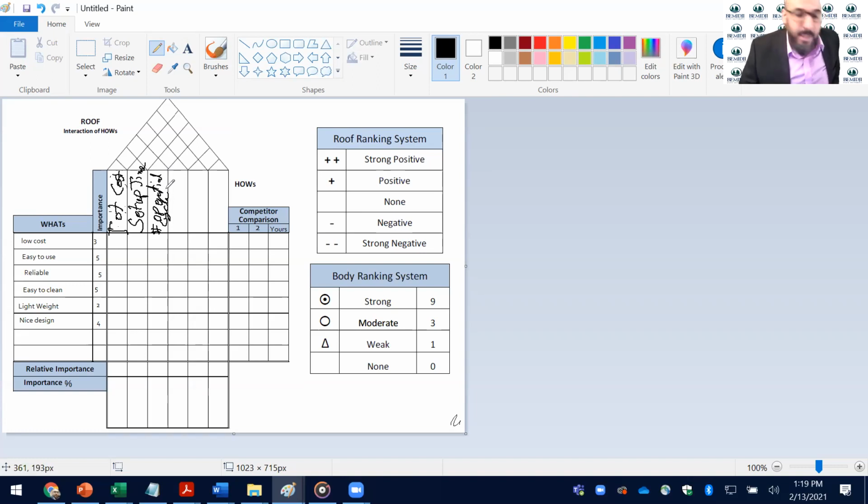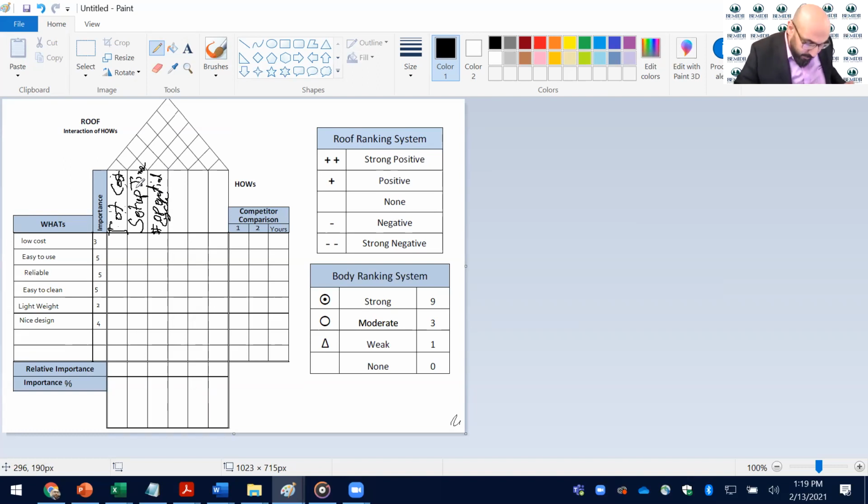Number of operational cycles. And now moving on to easy to clean, how could I make the microwave easy to clean? One way of making it easy to clean, I could maybe think about removable parts.